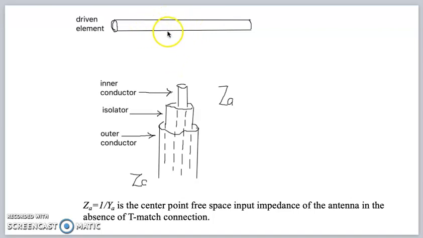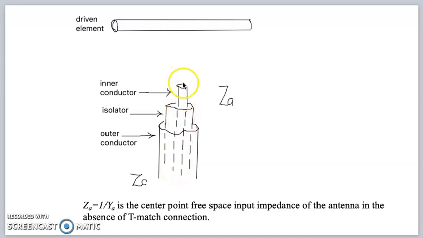As you can see here, this driven element, we want to connect to this cable. Most likely I will use an example of the coaxial cable. In a coaxial cable, you have an inner conductor, an outer conductor, and an insulator. Most of the time the cable impedance we identify using ZC. Sometimes they use 75 ohm, sometimes 50 ohm.